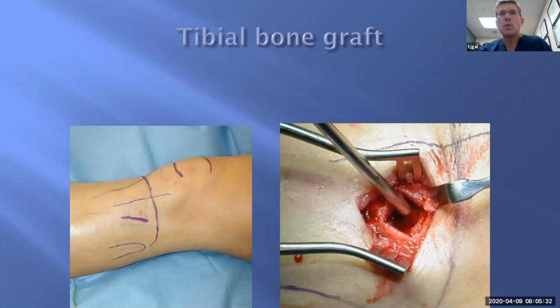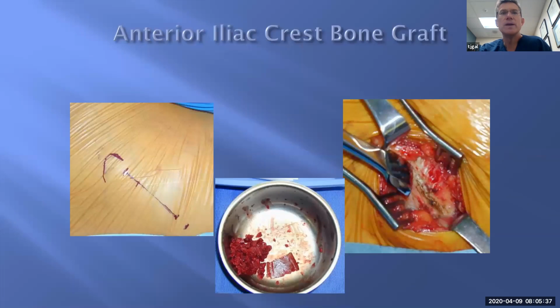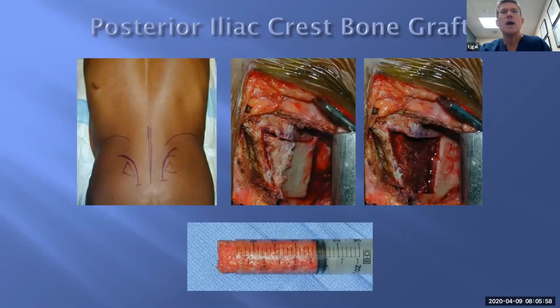A couple of options for where to get the bone: anterior tibia. Anterior iliac crest is actually fairly well tolerated, much more so than, say, an iliac crest free flap, just because you go medially and there's less bone, but you can get a good bit of bone from both of these sites, as well as even the posterior tibia, posterior iliac crest. The cancellous bone, as you can see here, you'll compact it as much as possible.